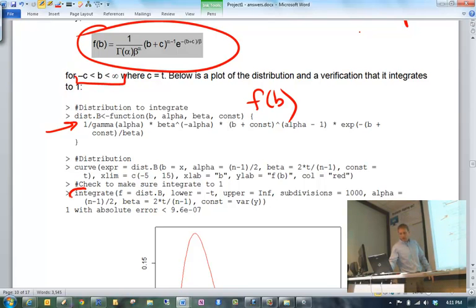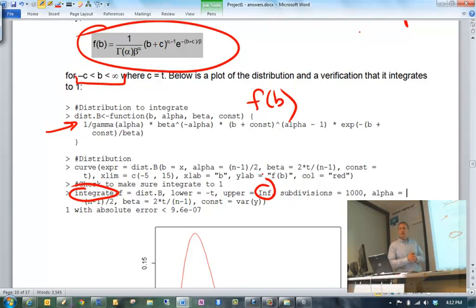And so how do I integrate in R? I use the integrate function. And so I say, where's my function that actually calculates then the density? So dist.b. I want to integrate over negative t to infinity. Notice how I actually represent infinity in R. Subdivisions equal 1,000.